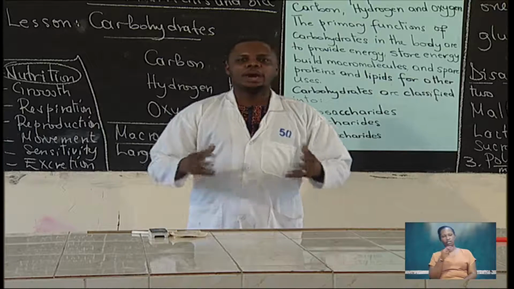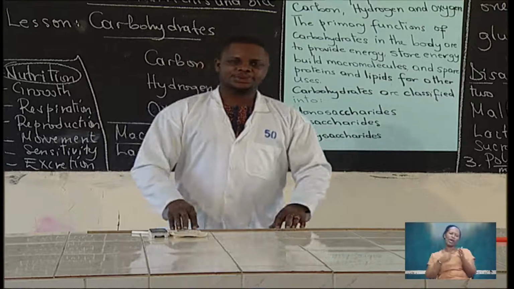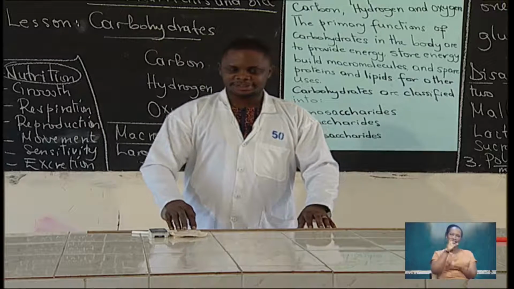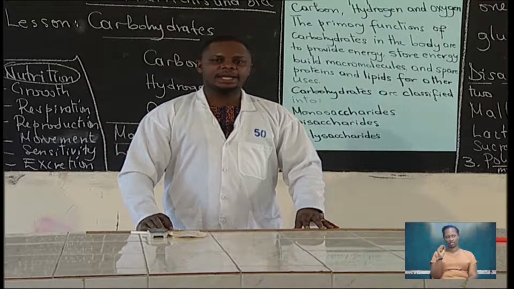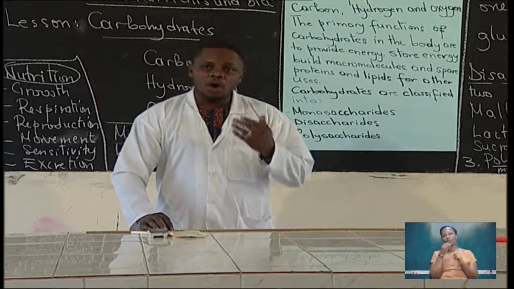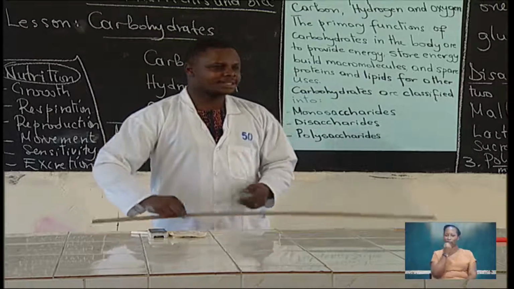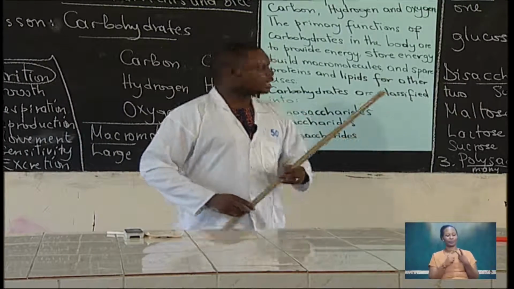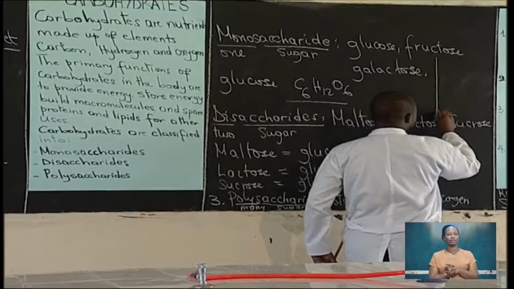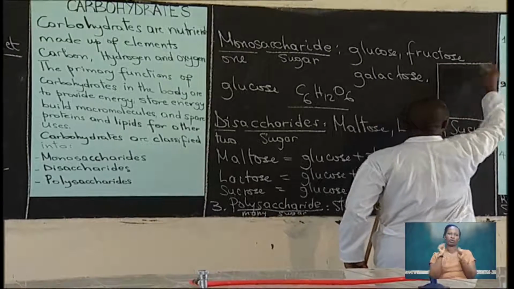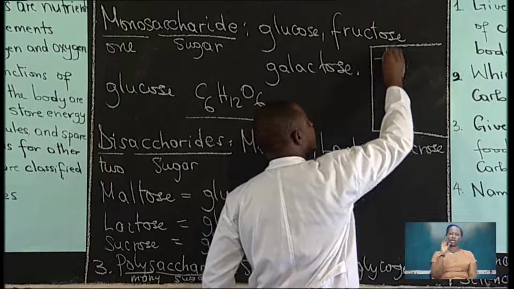Students, what can we eat to get carbohydrates? We can eat food like corn or maize. We can eat cassava. These are different foods we can eat to get carbohydrates.